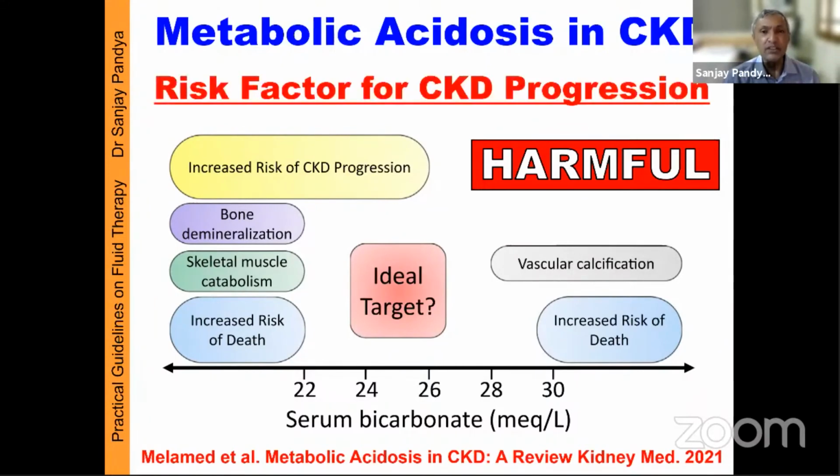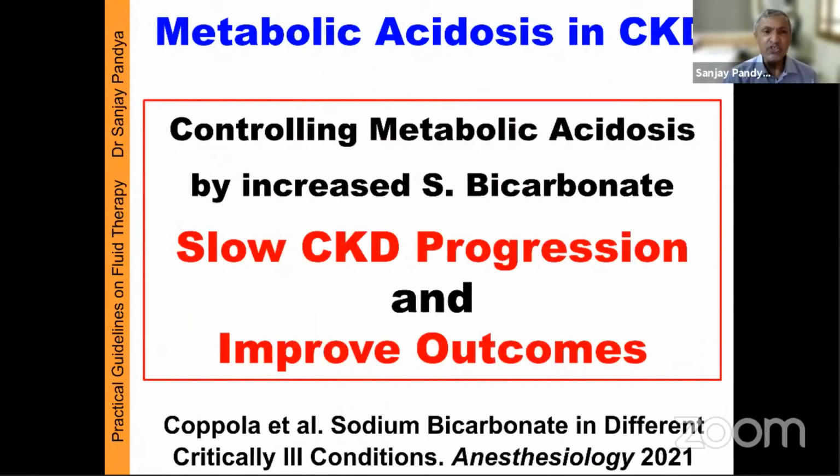It's very important that metabolic acidosis is one of the important risk factors for CKD progression, and the correction of metabolic acidosis in CKD can slow down CKD progression. In some patients with severe acidosis, when we start bicarbonate therapy, all of us have observed that creatinine, which is higher, will come down to a little lower level, and we can settle it at a lower value of serum creatinine, and it improves outcome.